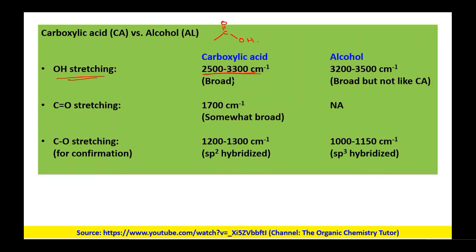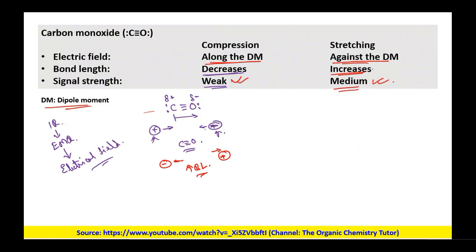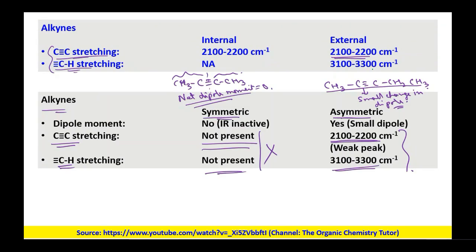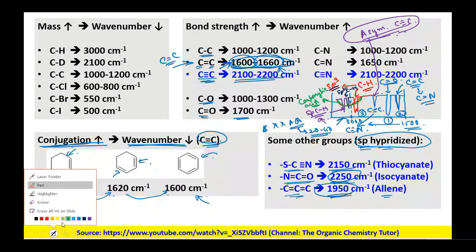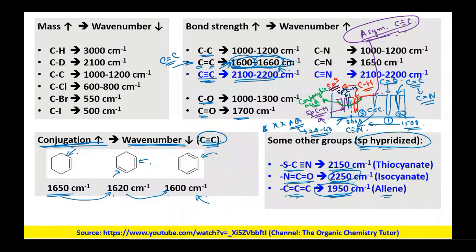Then for alcohol, it is 3200 to 3500, above 3000. So you will be getting a broad peak, but it will be something like this. Blue I have used in this region. Let's use this one.